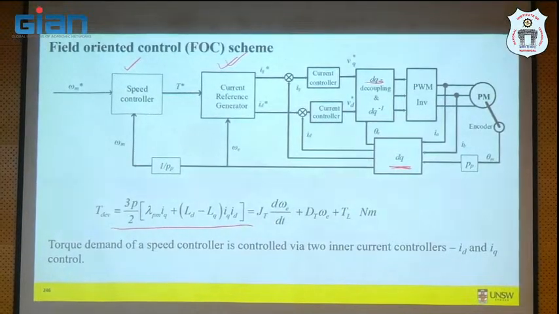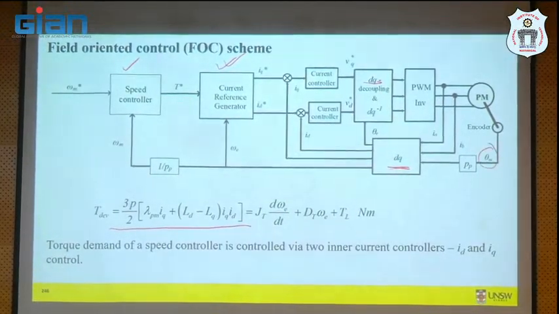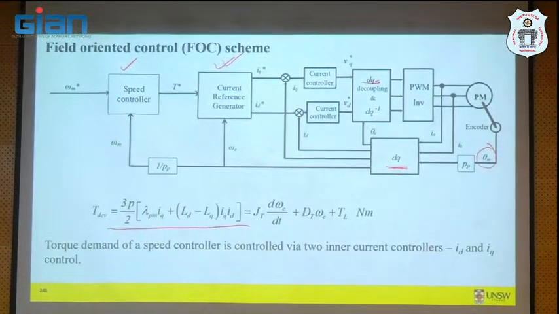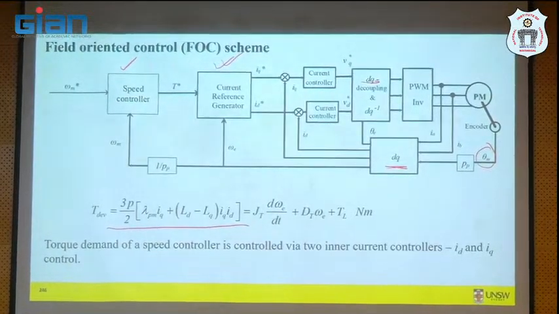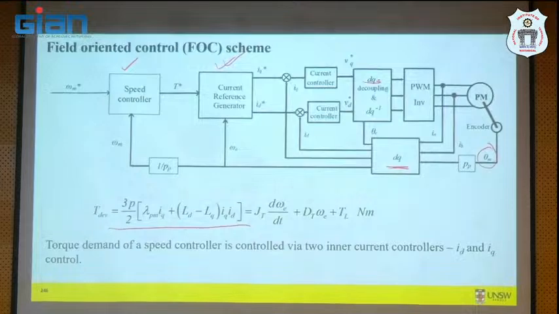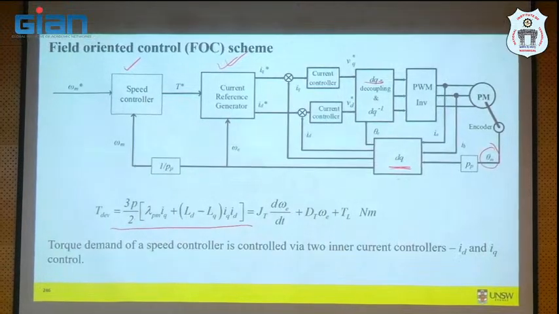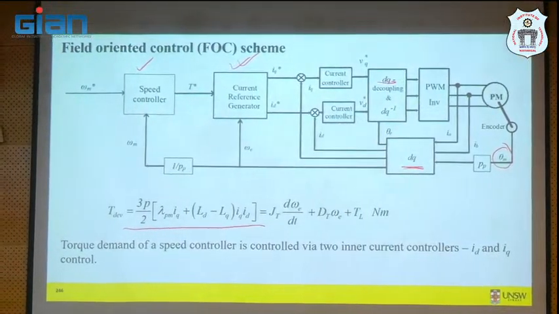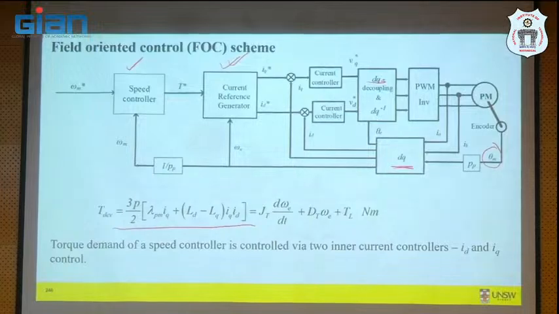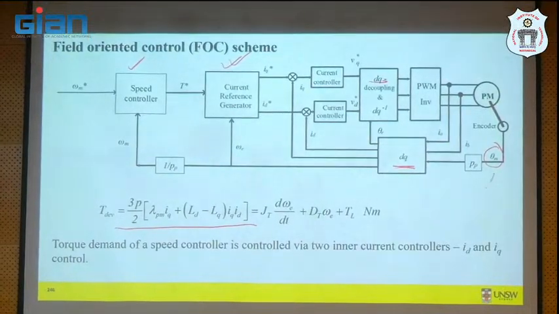And that theta comes from your encoder. Okay? And that's why you must have the encoder. Okay? If you are doing FOC with sensor, that means you must have an encoder. If we want to do FOC sensorless, we can do it, but then you have to estimate this theta by some means.